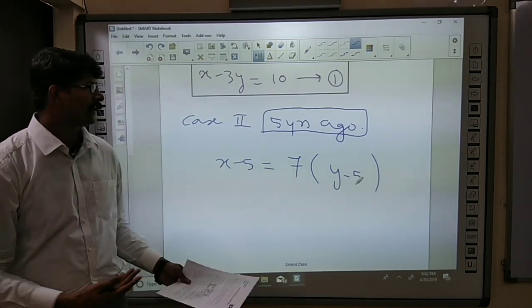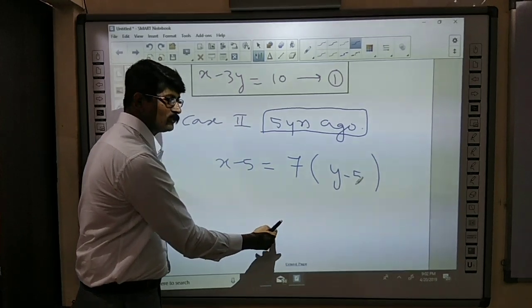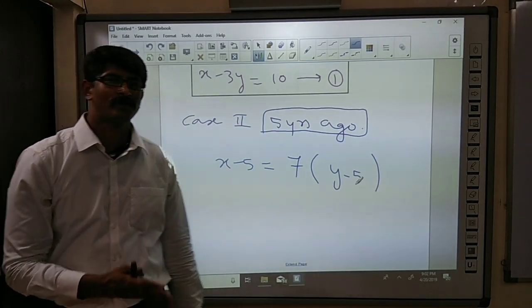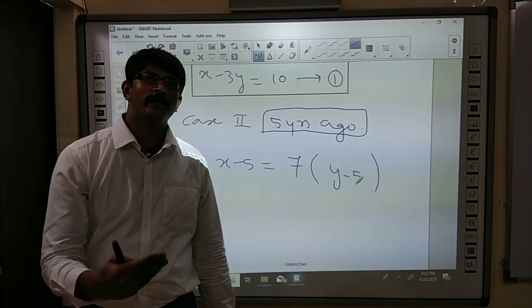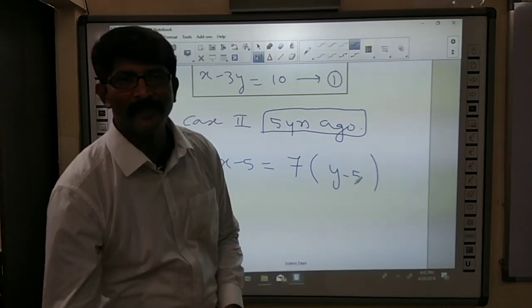Isn't it simple? And that gives you equation number 2. We're going to solve equation 1 and 2 to get the values of x and y. That's how we solve the ages sum.